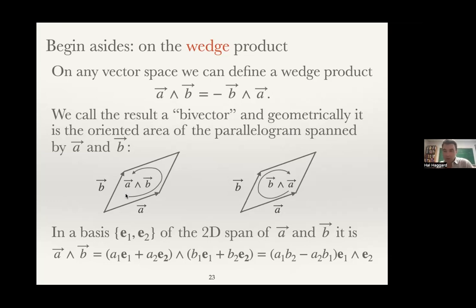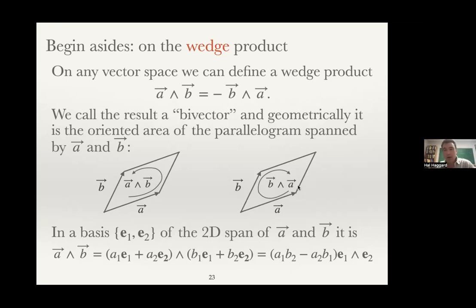And because of the minus sign that defines this wedge product, the other orientational sense just comes from putting B before A. So B wedge A is you rotate from B to A. You can see that these are just the same parallelogram, in other words the same area, but with different rotational senses on it.